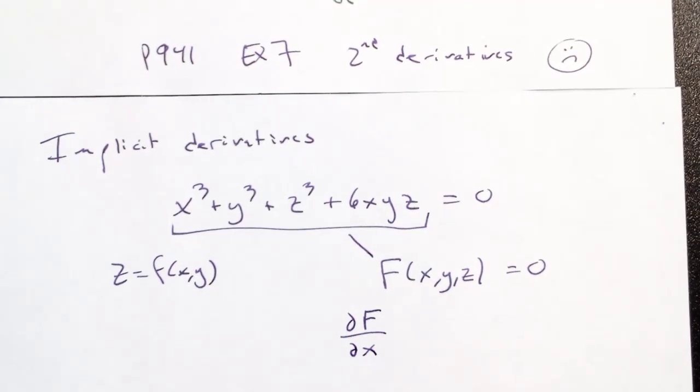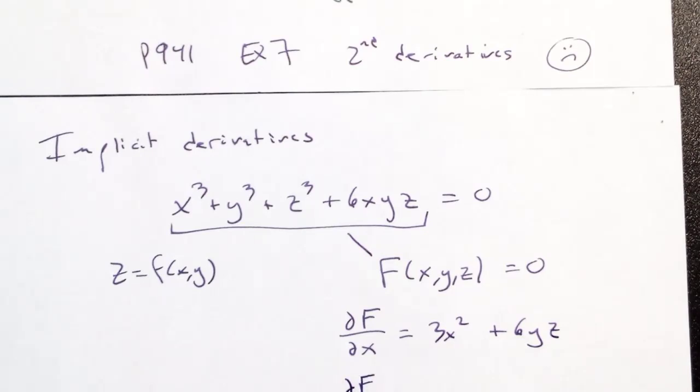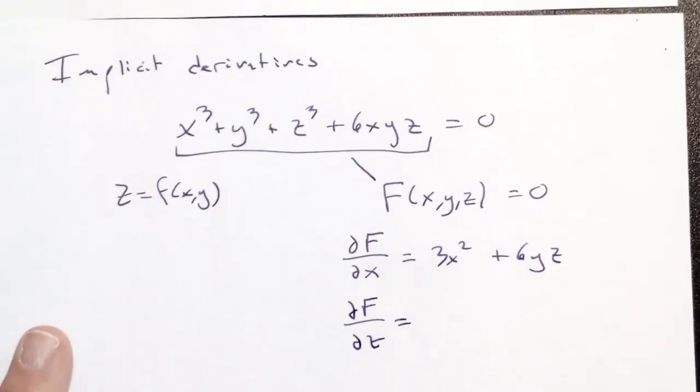Notice I'm using the capital F. So I'm thinking about this just as a single function, a 3 variable function. No chain rule required here. I don't want to think about the chain rule for the moment. Let's just think about the regular derivative with respect to x. What do I get? Okay. What if I do the partial with respect to z?